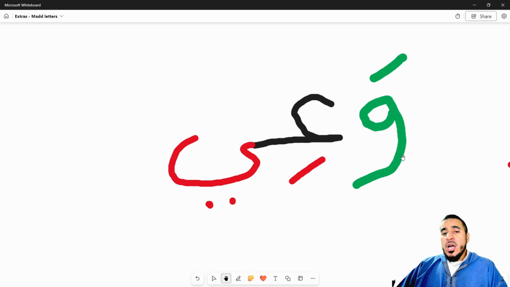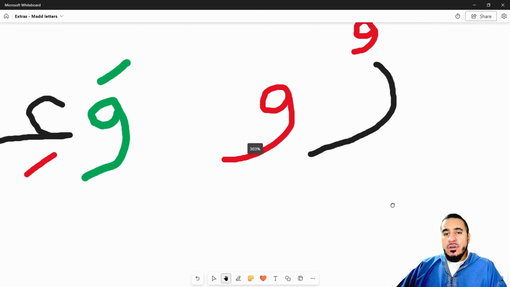So it becomes waʿii, okay? The ya here is still extending the sound of this kasra. Why? Because the ya has a sukoon above it, and it is preceded by a kasra. When the ya has a sukoon, and it's preceded by a kasra, whether it's in the middle of the word or at the beginning of the word, then it will elongate the kasra sound.